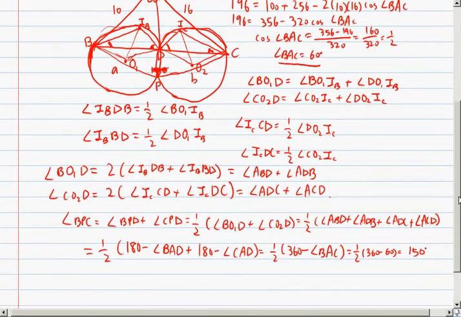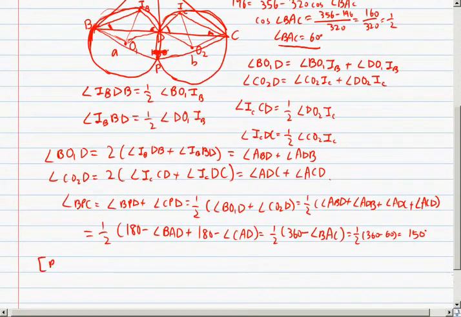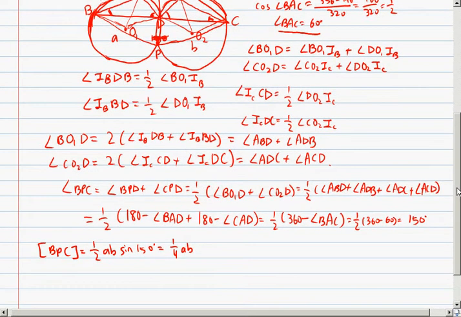And we see that the area of BPC can be expressed as half AB sine 150 degrees, or 1/4 times AB. From the law of cosines in triangle BPC, we see that BC squared is equal to A squared plus B squared minus 2AB cosine 150 degrees.